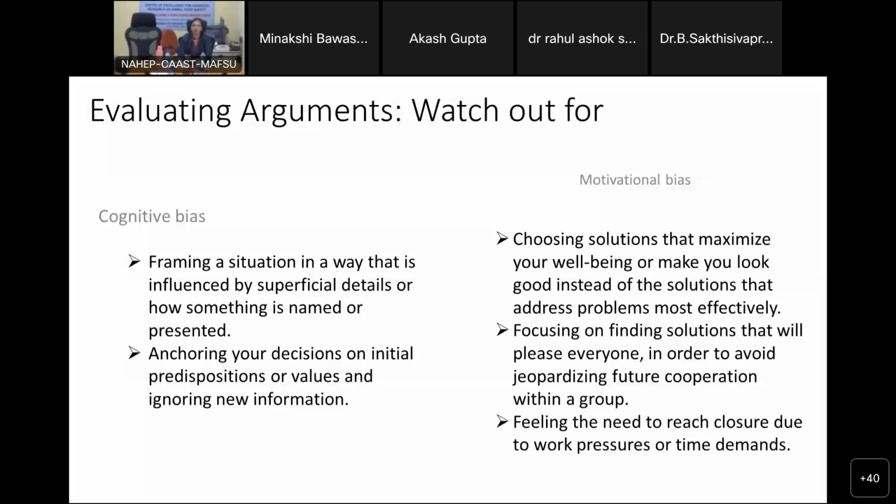Like in the argument we were having, in many cases while making any decision, you just follow somebody: okay, okay, okay. You don't try to give your input.